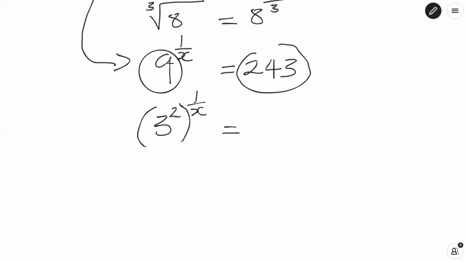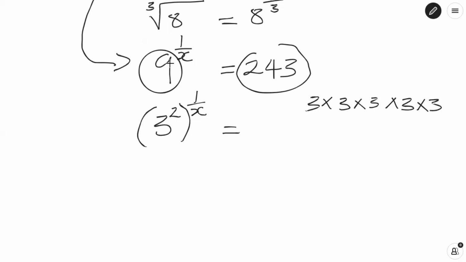Is equal to 243. Can 243 be written in power form? Can we do that? I think we can. 243 is the same as 3 times 3 times 3 times 3 times 3.